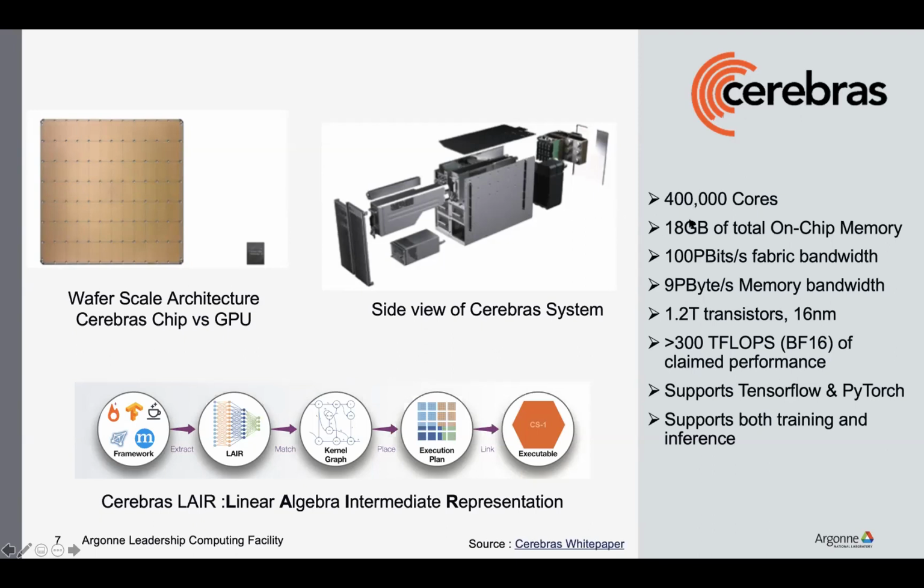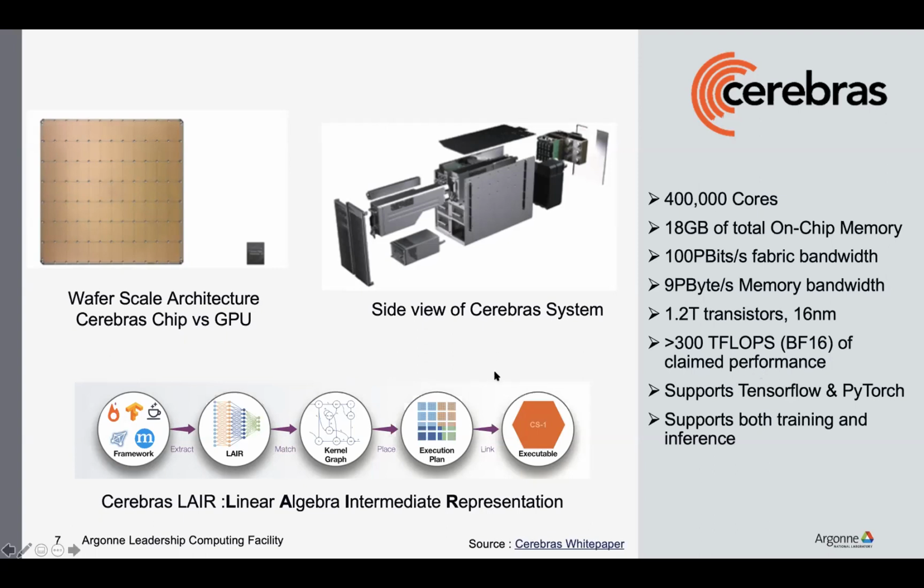Just to give you some idea about the numbers, this chip consists of 400,000 cores, and 18 GB of on-chip memory is spread across these 400,000 cores. And here are some numbers about the bandwidth. This chip is constructed with a 16 nanometer process, this is the first chip, CS-1, and it has about 1.2 trillion transistors.